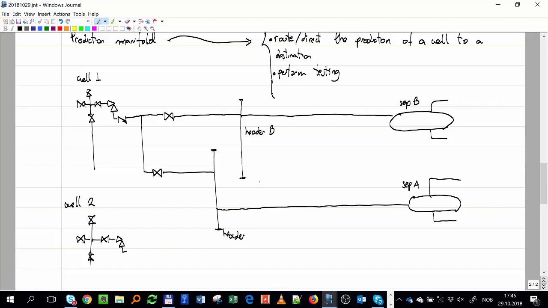Header B and header A. It's basically just a piece of pipe, and to this piece of pipe you have these flow lines connected. So let's pause now. Sorry, Professor, is the header the same as the...? Okay, so first I come here, then I connect to this manifold, to this header, and then I connect to this header.